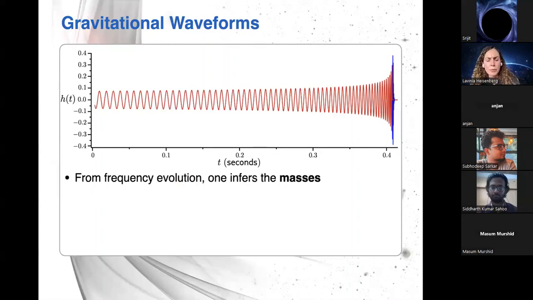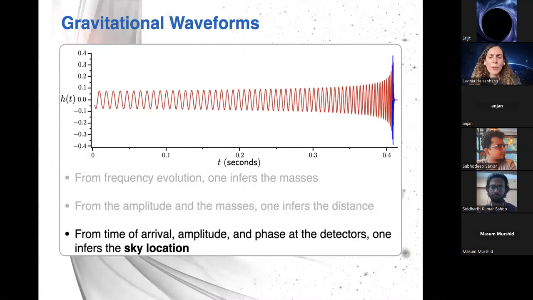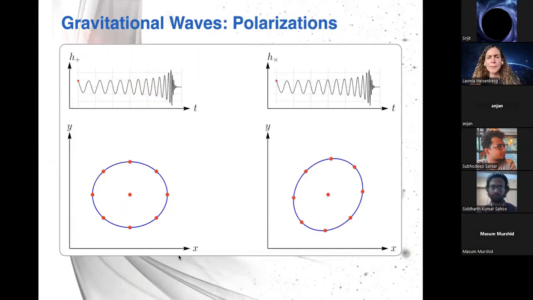For example, from the frequency evolution, you can infer the involved masses. From the amplitude and the inferred masses, you can infer the distance. And from the time of arrival, the amplitude and the phase at the detector, you can infer the sky location, and so on. This is just to give you an example.